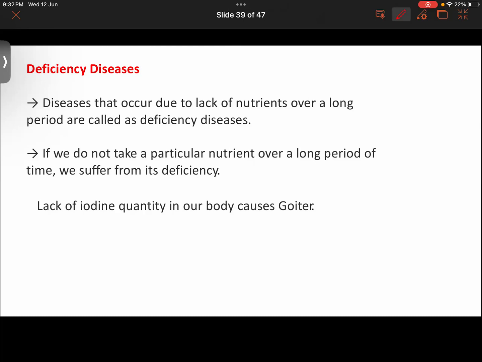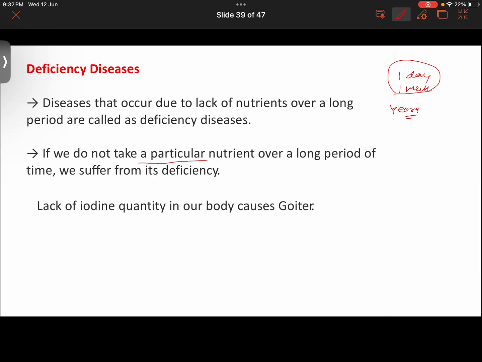Say a person is not taking the right amount of vitamins for one day or one week, that is not enough. But if the diet lacks the proper amount of vitamins or other nutrients for a year or more, then the person might suffer from that deficiency disease.